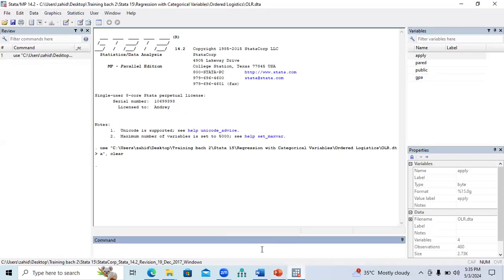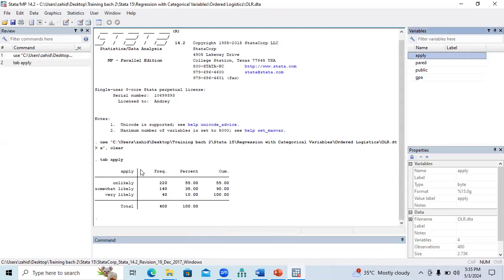For example, I need to check what kind of coding there is with the dependent variable. So I need to write here tab and then the name of my variable, and it will show me what kind of coding has been applied. There are three categories here for the apply variable: unlikely, somewhat likely, and very likely.